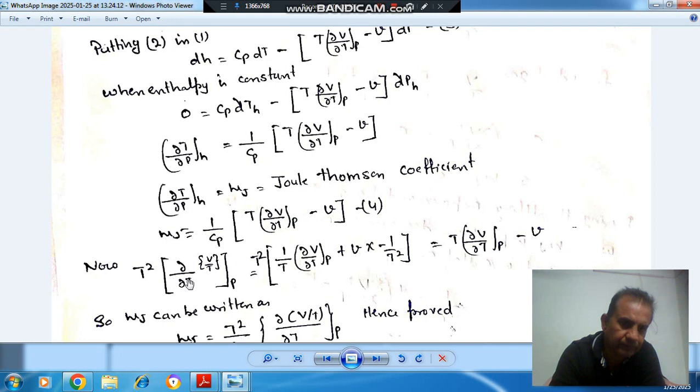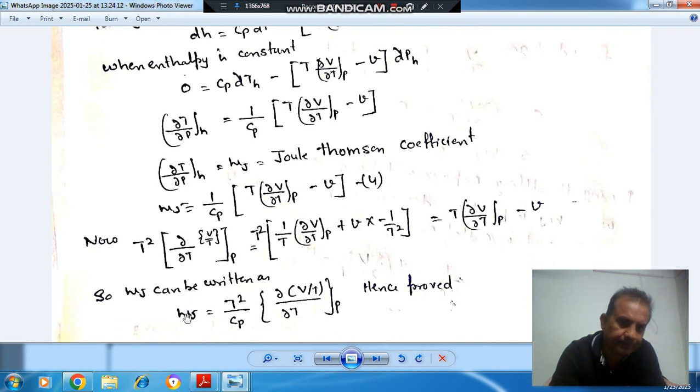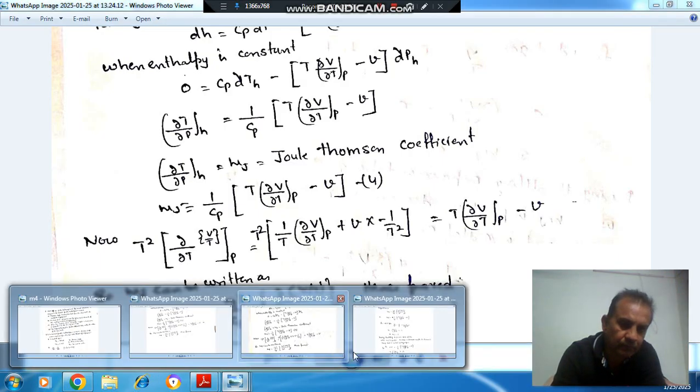So we can write μJ is equal to T²/Cp times the partial derivative of (V/T) with respect to T at constant P. So this is proved.